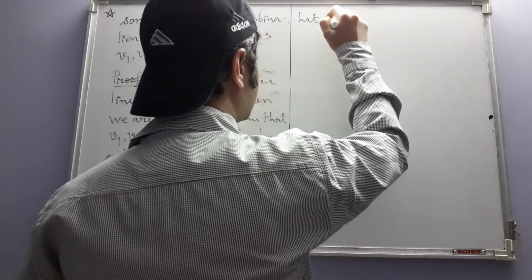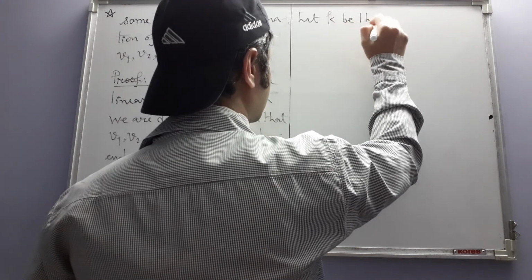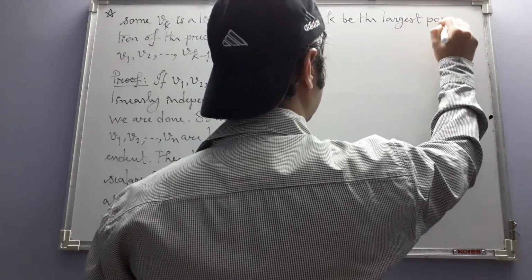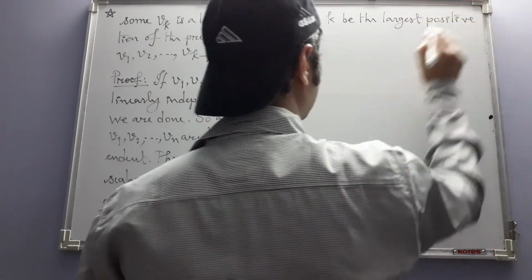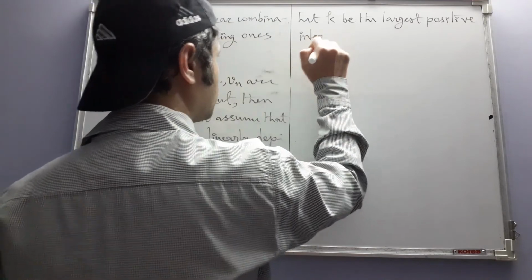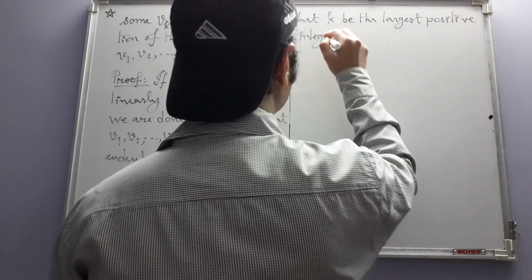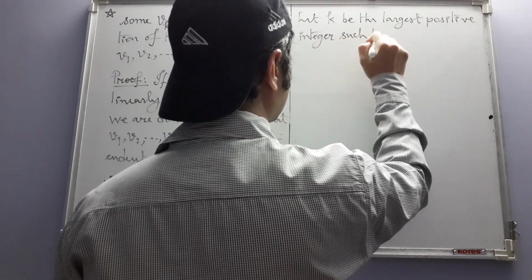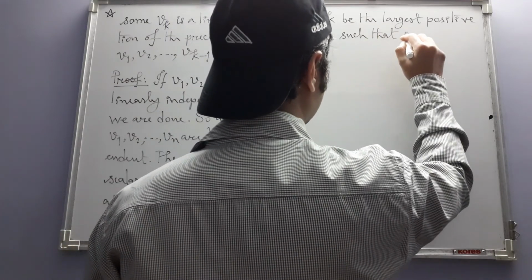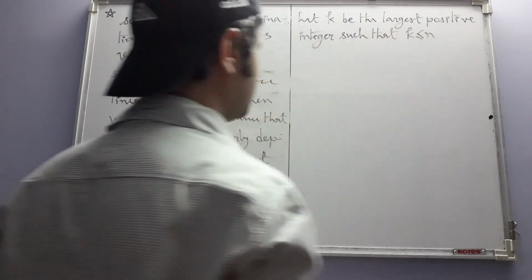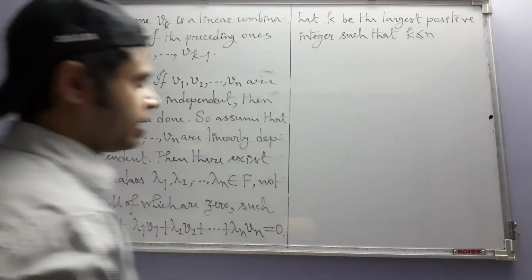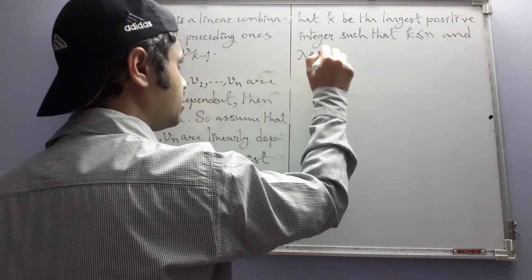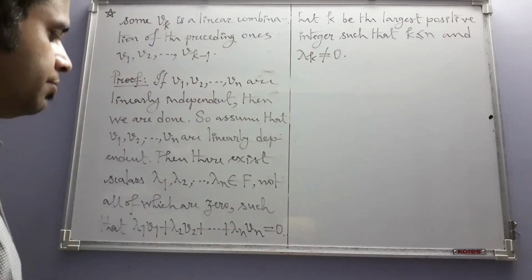So let k be the largest positive integer such that k is less than or equal to n and lambda k is not equal to 0.